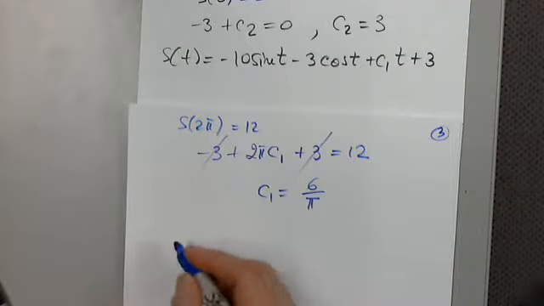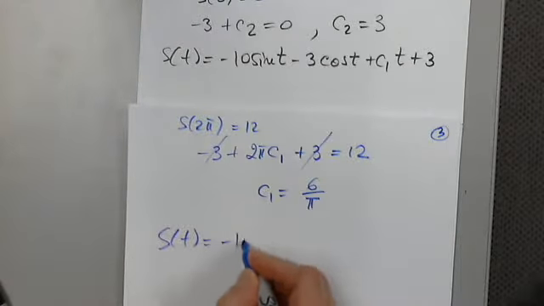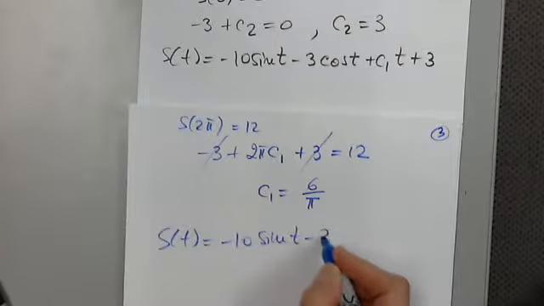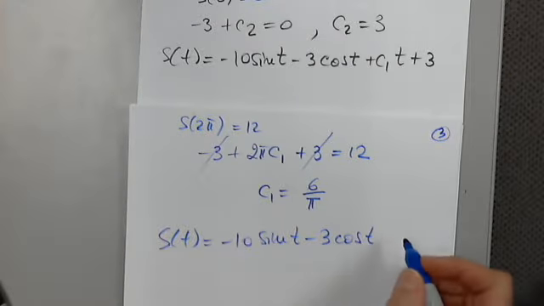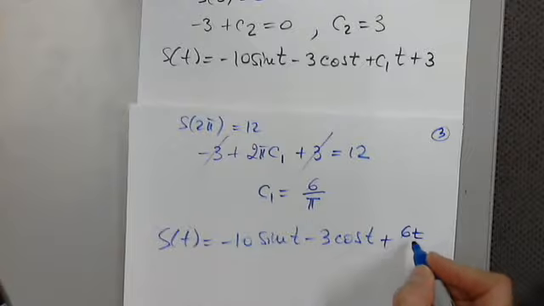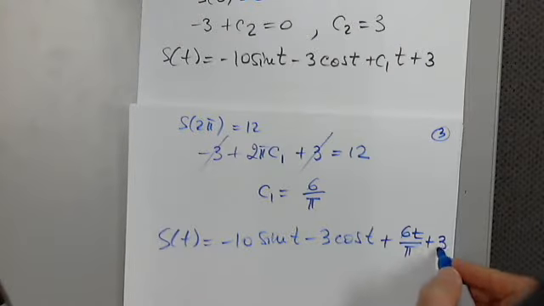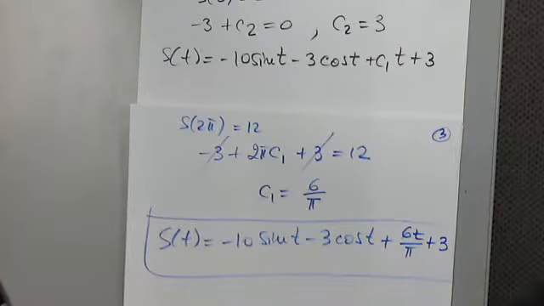So at this point, I have the entire function, s of t equals negative 10 sine t minus 3 cosine t plus 6t over pi plus 3. And this is not the most general antiderivative.